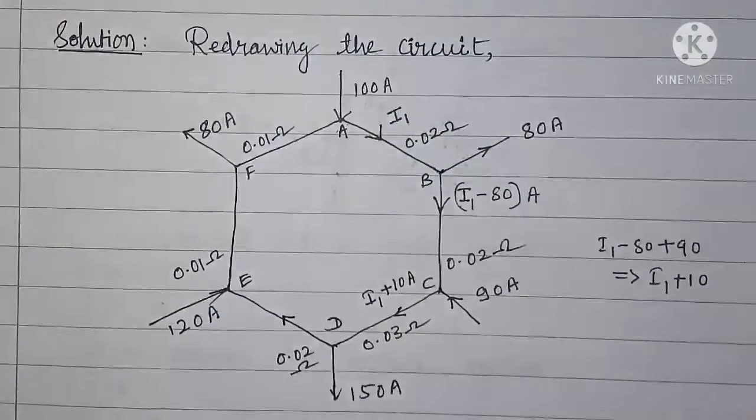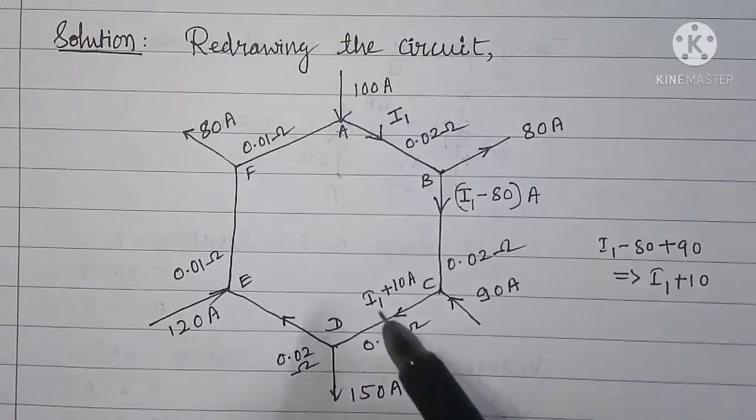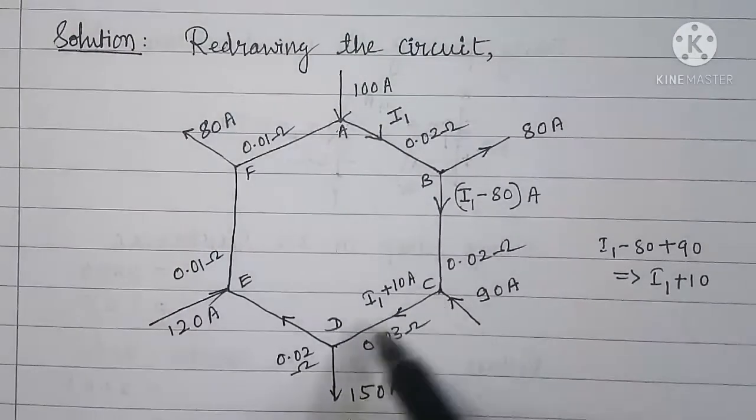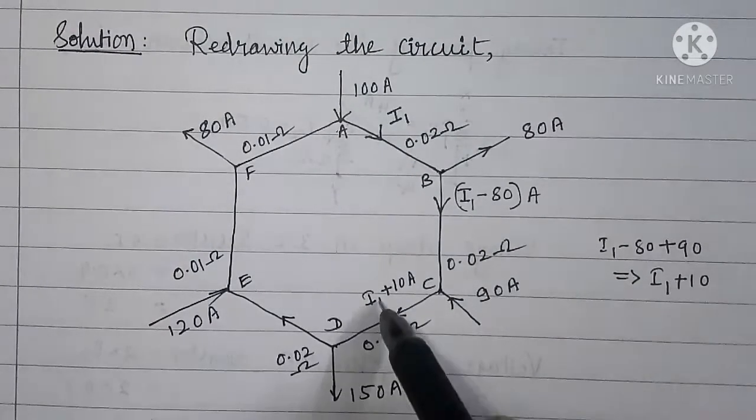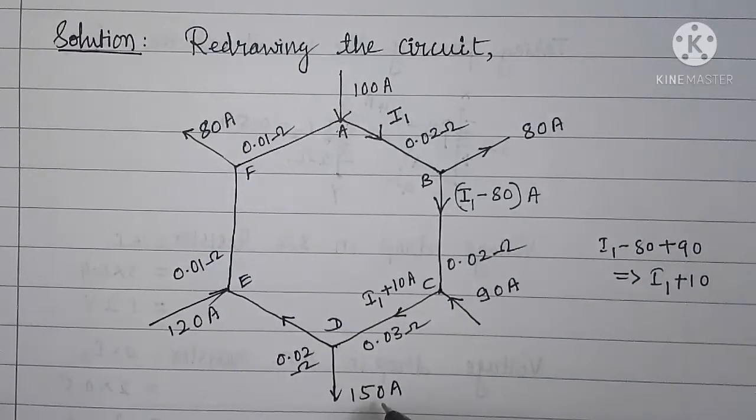Next, current in branch DE is equal to incoming current minus outgoing current, I1 plus 10 minus 150.